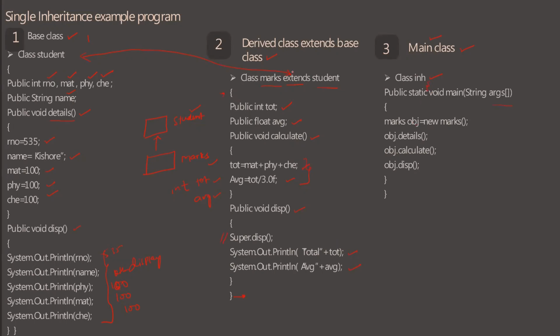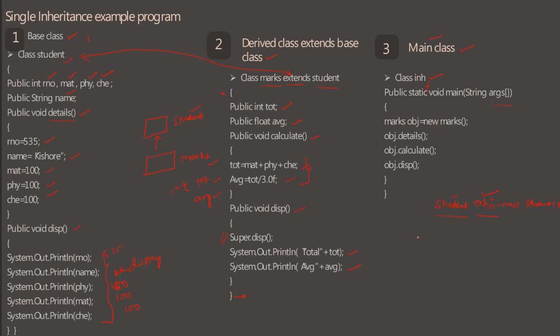I need to create the object for marks. Now this is very, very important. So just I'm writing here, I have one class called student. Now, if I create an object for student, I'll write student obj1 equals new student. If I create obj1 in this way for the student class, this object will access only the properties related to the student class.